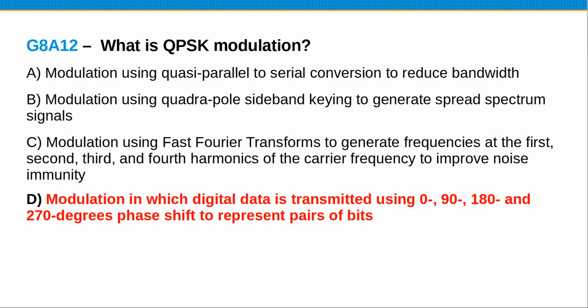And quadrupole sideband keying to generate spread spectrum. Actually, I don't know how they generate spread spectrum. I looked into it a little bit, and I don't think that's how you do it. And we don't use fast Fourier transforms to do these.